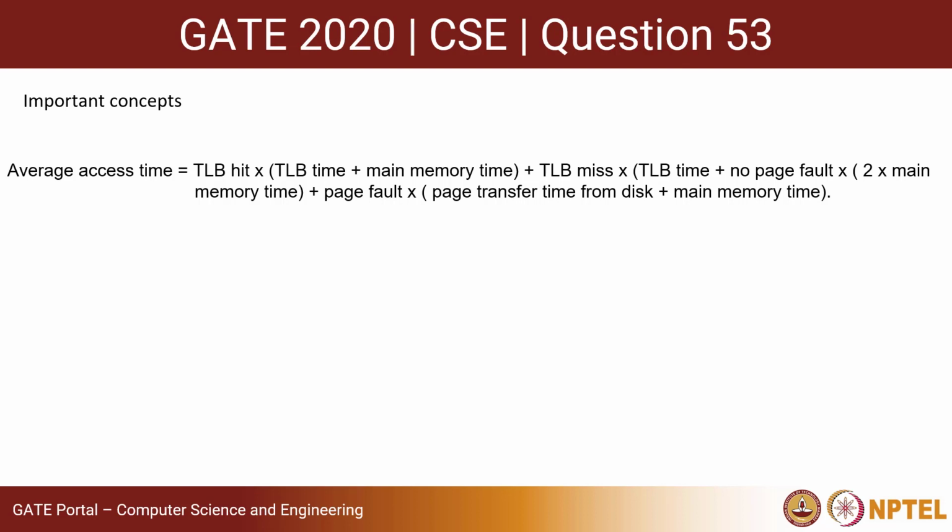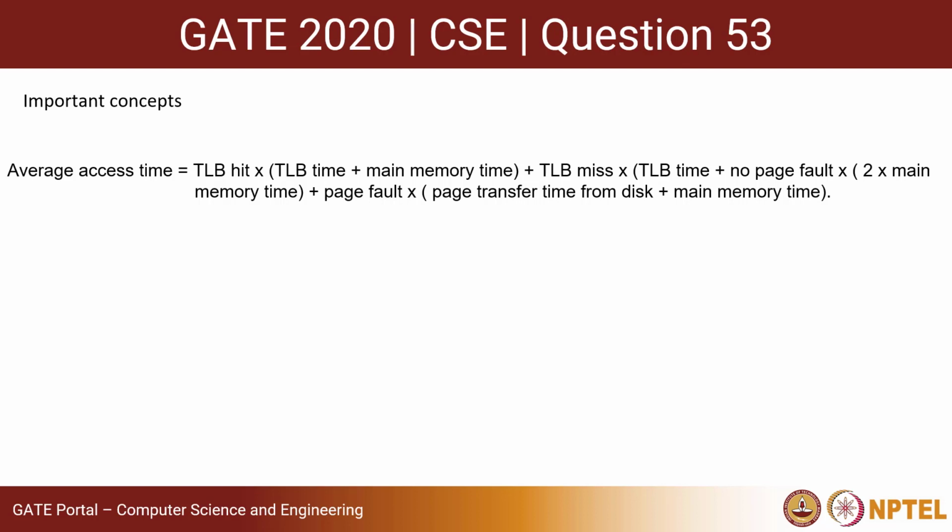So the time which is consumed twice, once in the page table and once in the main memory to search the particular page, is reduced to the TLB time plus the main memory time. The next part is that whenever there is a page fault, whenever the page is not present in the main memory, the OS will bring that particular page from the secondary memory to the main memory.